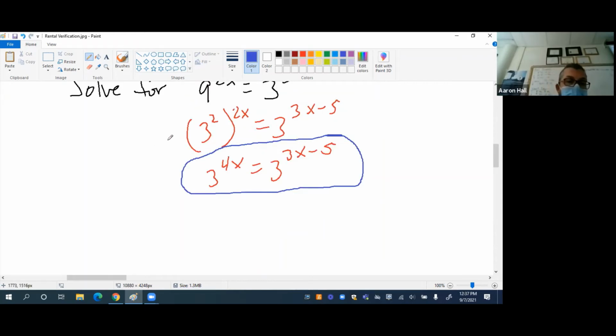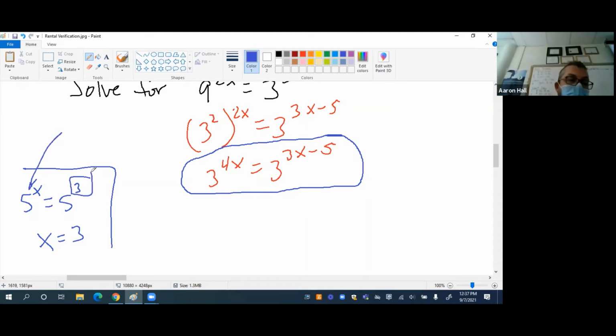Lachlan, as a sidebar here, if I have something like 5 to the power of x equals 5 to the power of 3, what does x equal? How'd you figure that? That's the only thing it could be, right?